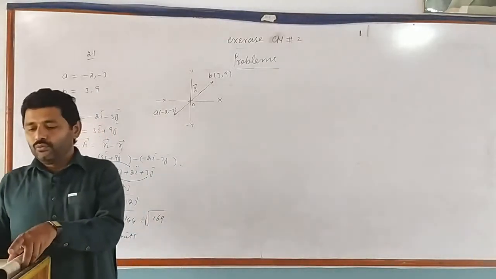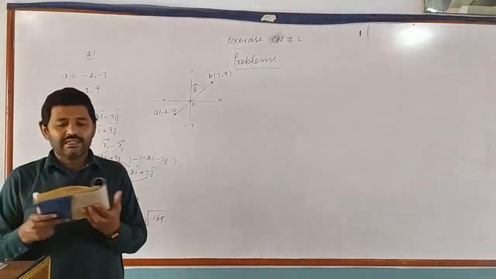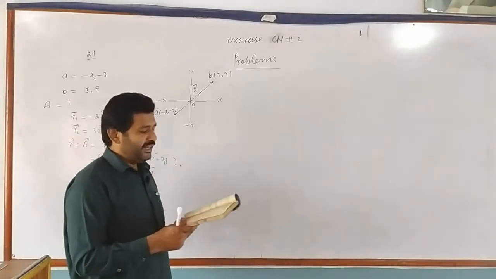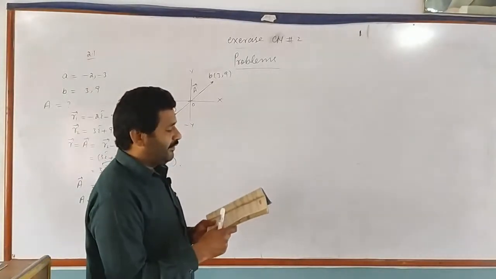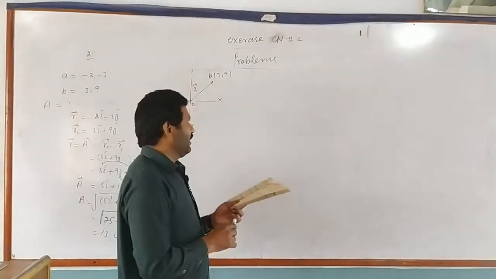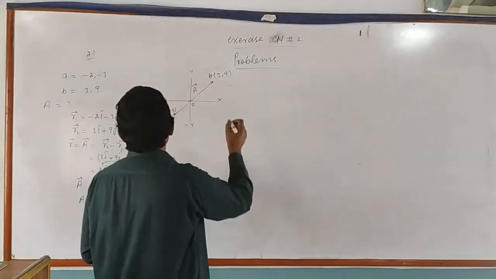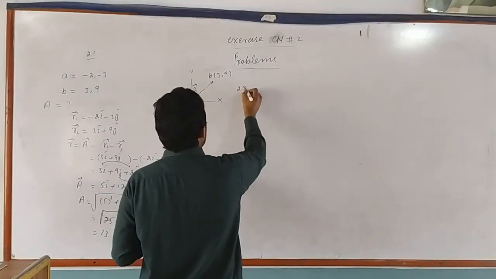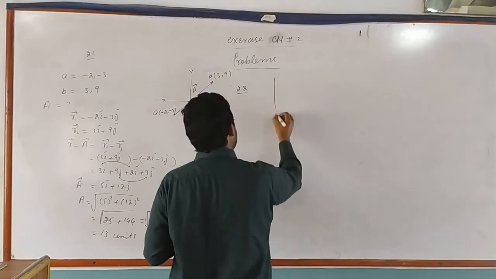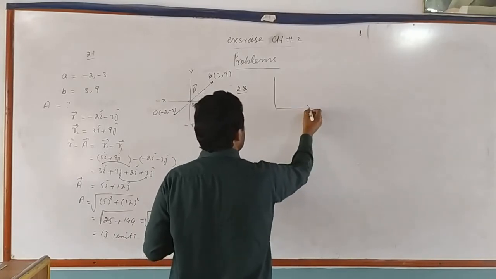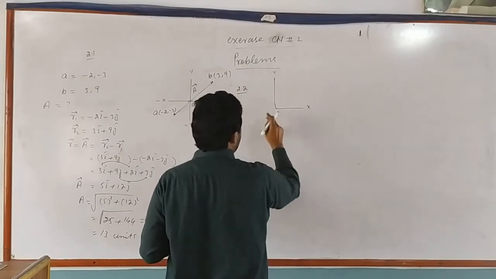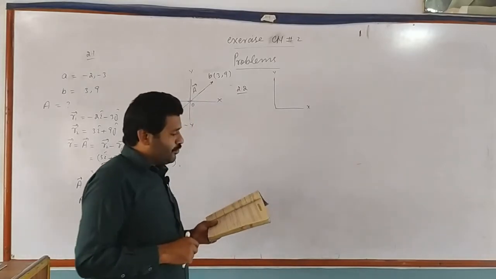Numerical question number 2. A certain corner of the room is selected as origin of a rectangular coordinate system. We have supposed a rectangular coordinate system, positive x, positive y, with the first quadrant.